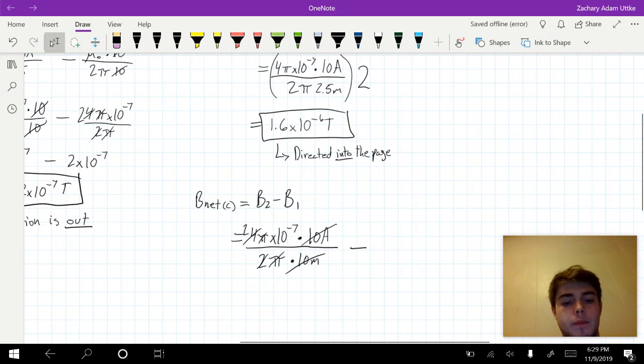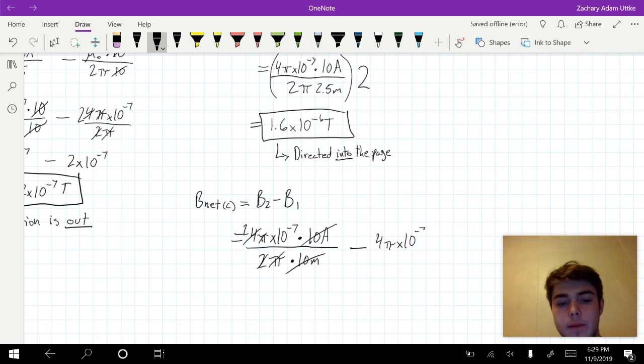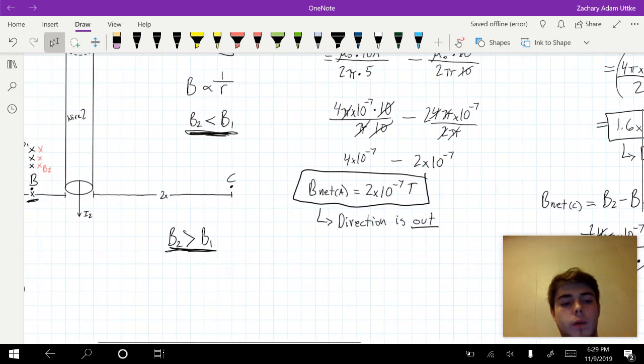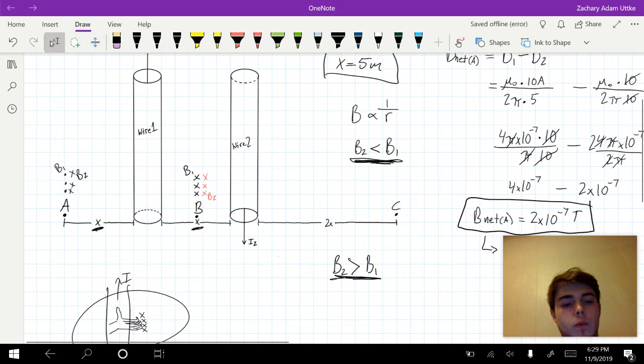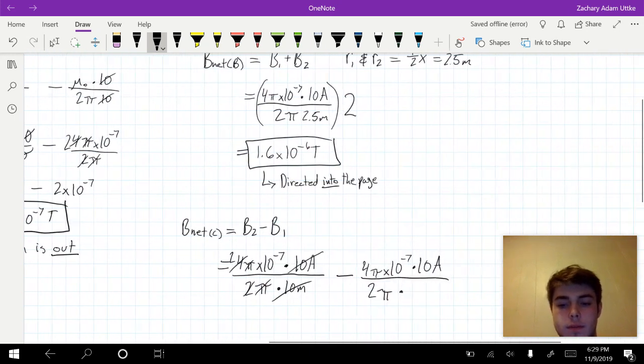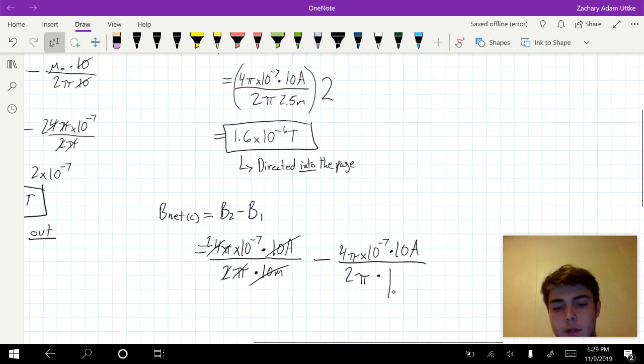Minus B1. So 4 pi times 10 to the negative 7th times the 10 amps divided by 2 pi times the distance from wire 1 to C. So wire 1 is this 2x plus this x, so 3x, so times 15 meters.